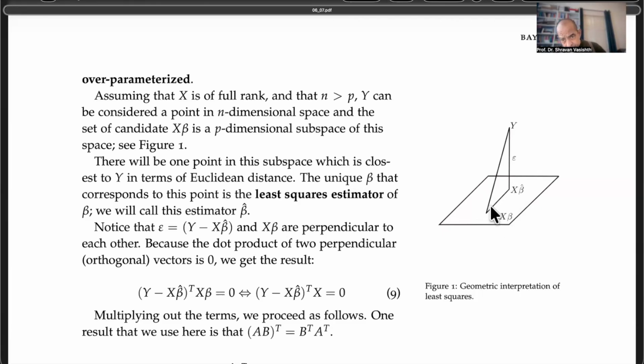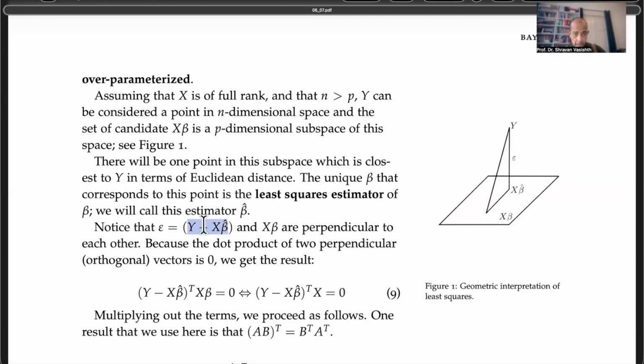So this difference here between y and x beta hat is the epsilon vector, geometrically. Now, as I mentioned, the subspace x beta is perpendicular to epsilon, to this vector here, and epsilon is equal to y minus x beta hat.